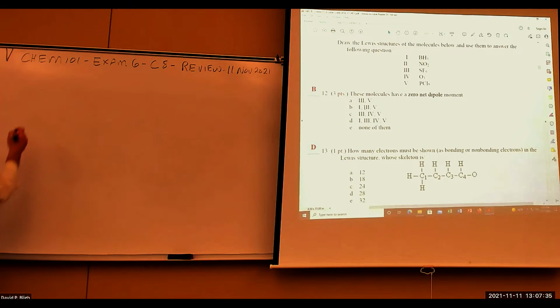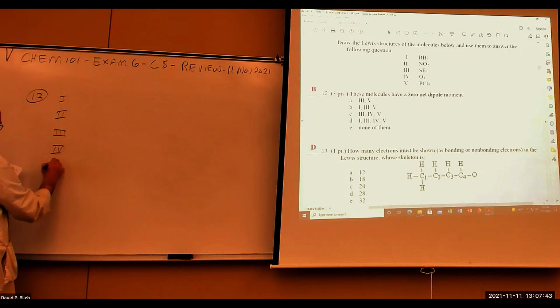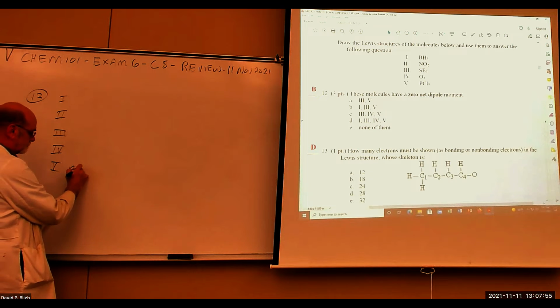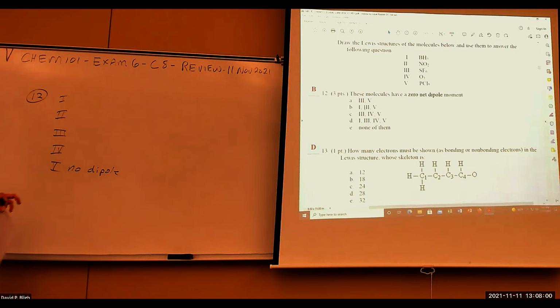Let's see if we can remember which is which. All right, let's work from the bottom. PCl5 was a trigonal bipyramid with no lone pairs. So it has no dipole. It's all balanced.